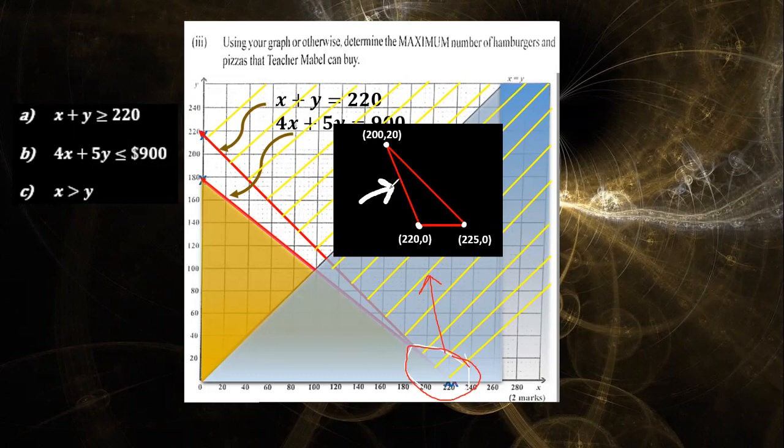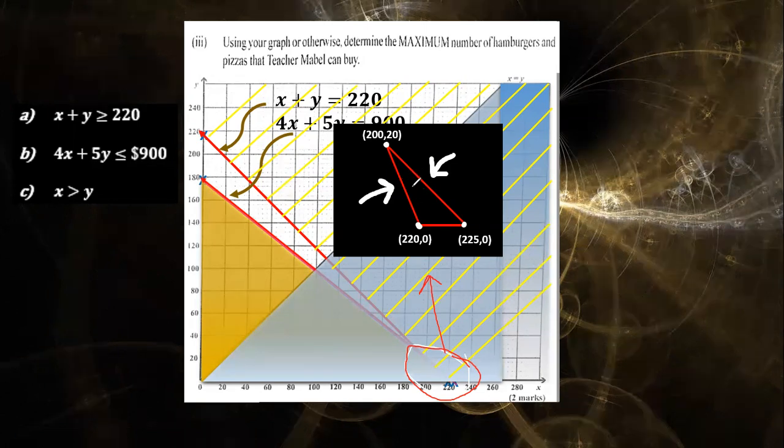So this line here will be the line x plus y equals 220 crossing down this way. And this line here is going to be 4x plus 5y. Okay, this line here is 4x plus 5y, and this line here is x plus y is equal to 220.